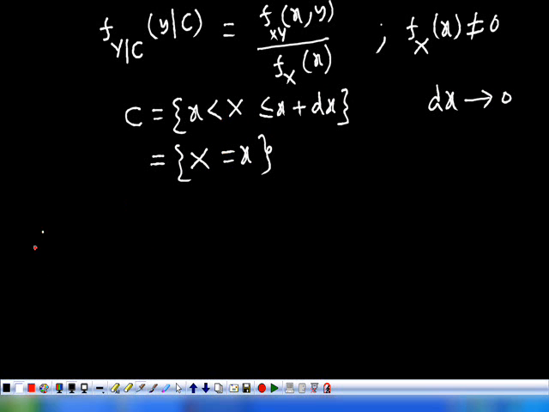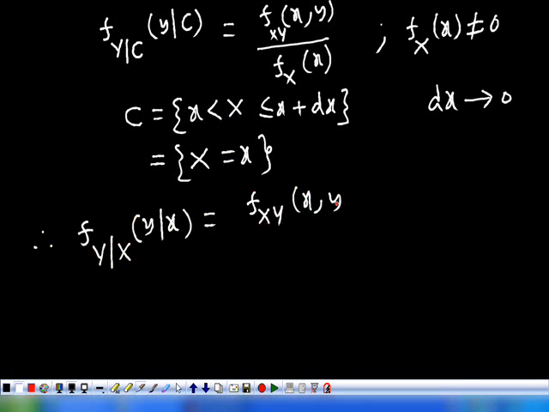So therefore, I can write this as fy given x, y given x is equivalent to fxy of x comma y over fx of x, given that this fx of x is not equal to 0.